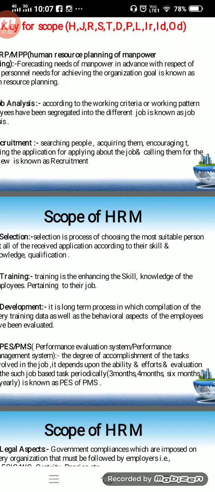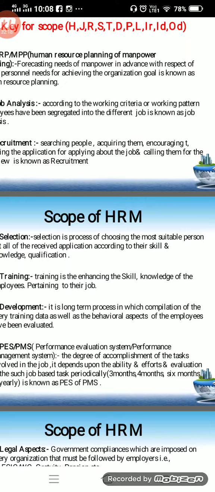So we will select the top 10 out of the 100 applicants. All are eligible for the work, but with the help of interview and screening, we select only 10 employees and give them training. It's called the selection process.